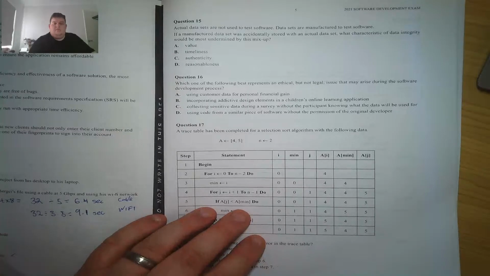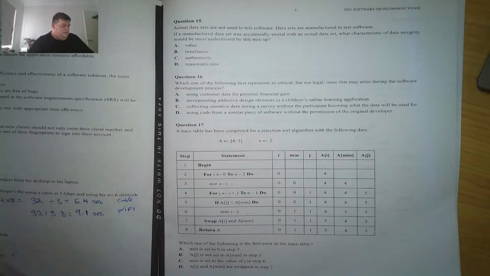Let's go across to question 15. The actual data sets are not used to test software. Data sets are manufactured to test software. If a manufactured data set was accidentally stored with an actual data set, what characteristic of data integrity would be most undermined by this mix-up?